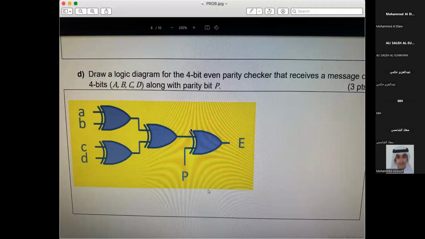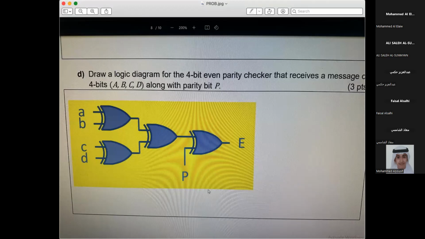And you know that the XOR gate will produce a 1 whenever its two inputs are different. So if these two inputs are different, then we need the error to be 1. Is it clear? Rashid, are you convinced about this? Okay, I think Rashid is not here.